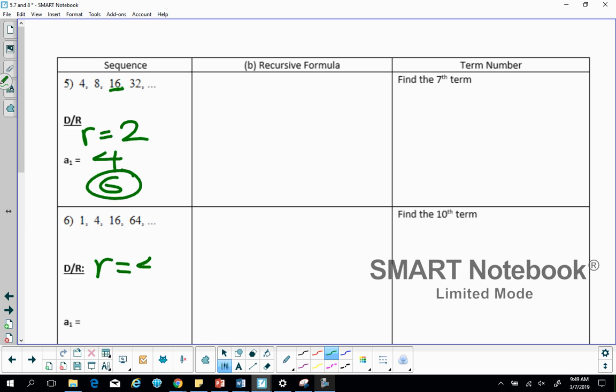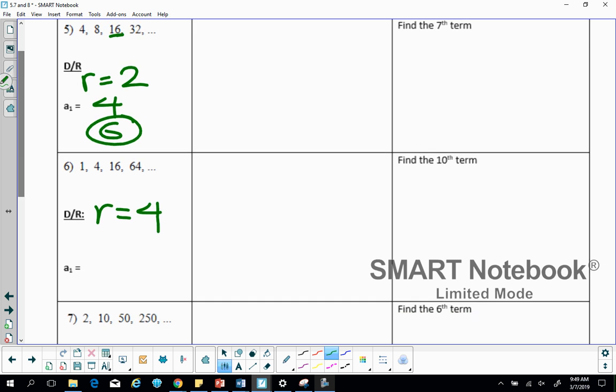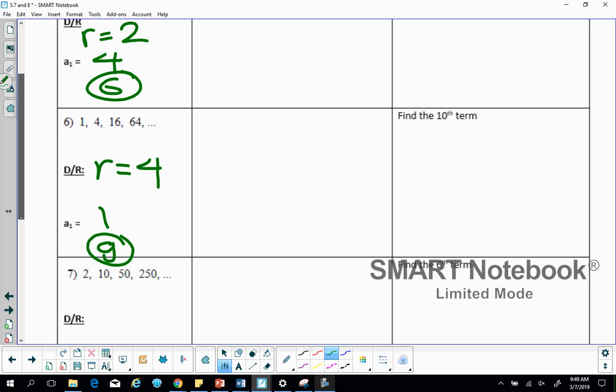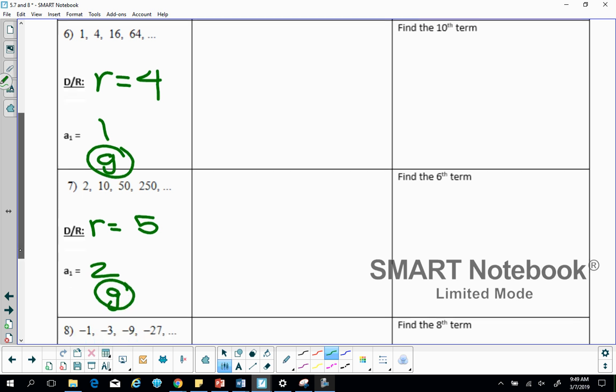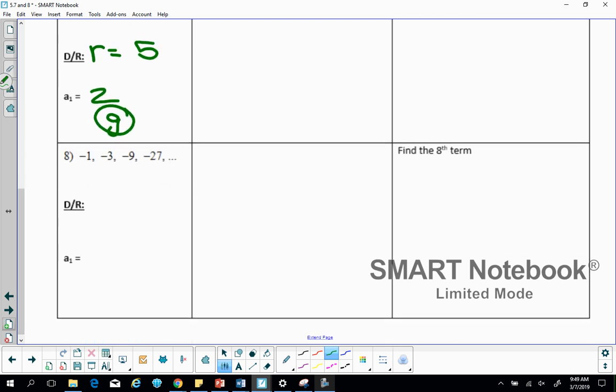4. And what's your first term? And we know it's geometric. This one, Kimberly, what's this R? And what's the first term? 2. And it's geometric. Beautiful. And last but not least, Christian, you want to try this one?